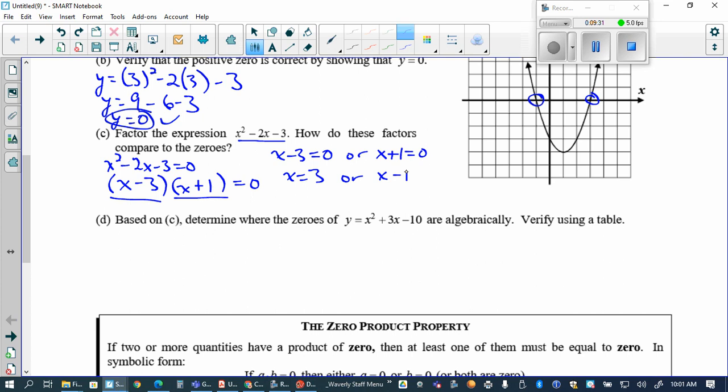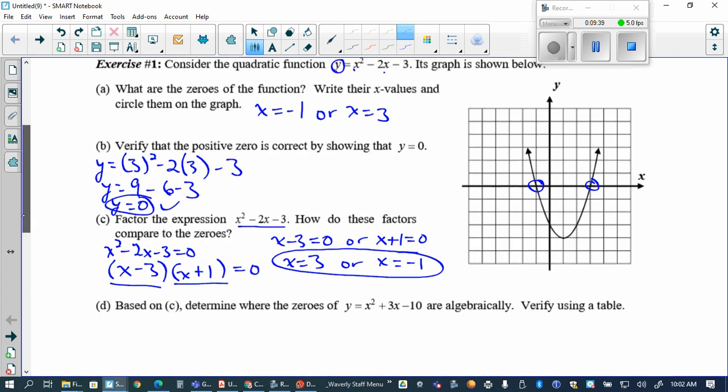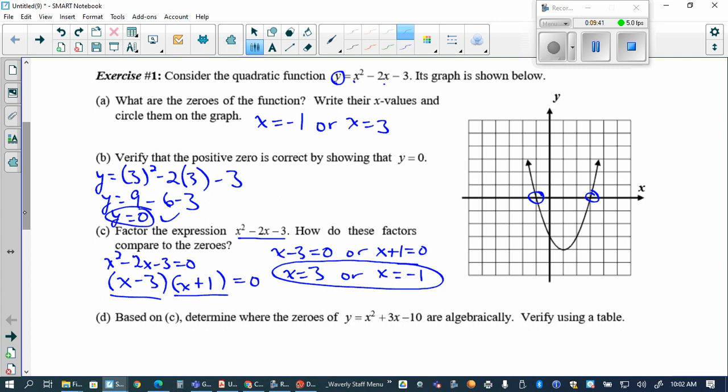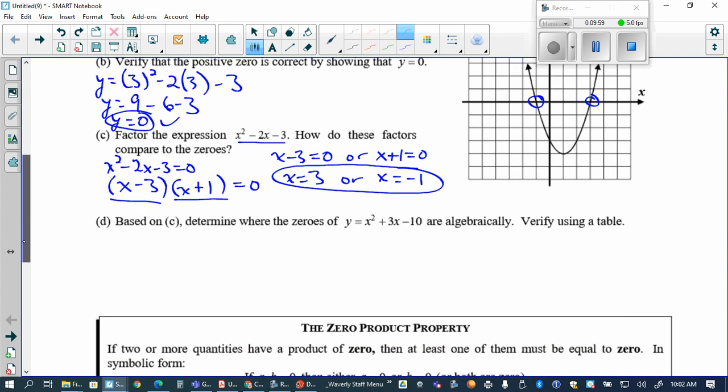X equals -1. Hey, what did I just find algebraically? The same thing I found graphically, right? I found the zeros. But when we do it this way, these are the solutions, right? That makes sense? Okay.